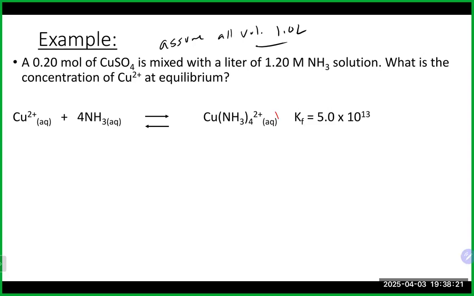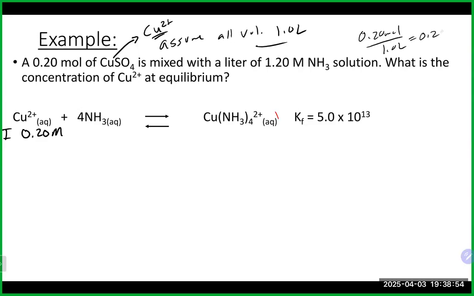So what that means is we're going to be mixing these guys together, and we want our total volume here in our molarity. In this case, we have 0.2 moles of copper 2 sulfate. This guy is going to be our source of copper 2, as that's the only copper involved. That means initially here we would have 0.2 molar. We get that by assuming that our total volume is going to stay at 1 liter.